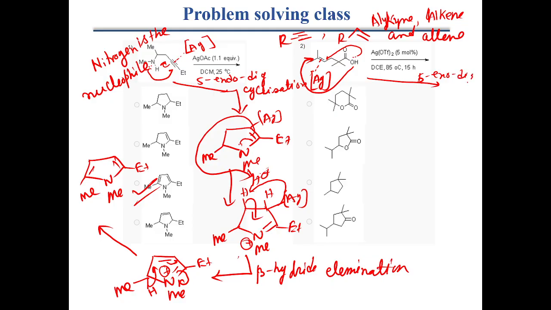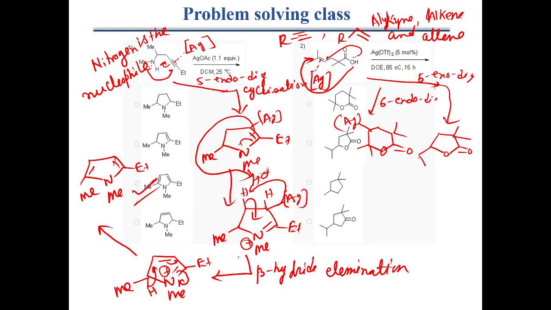If it is 6-endo, this is the product. If it is 5-exo, then this is the product.